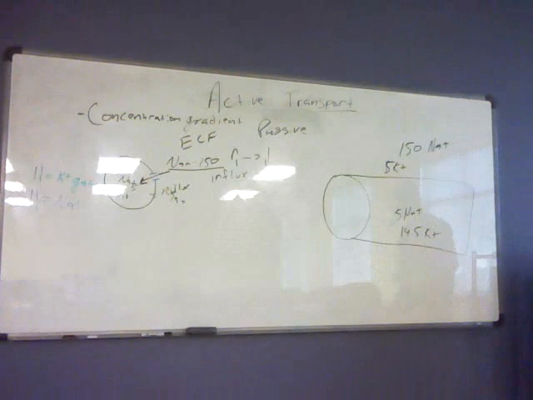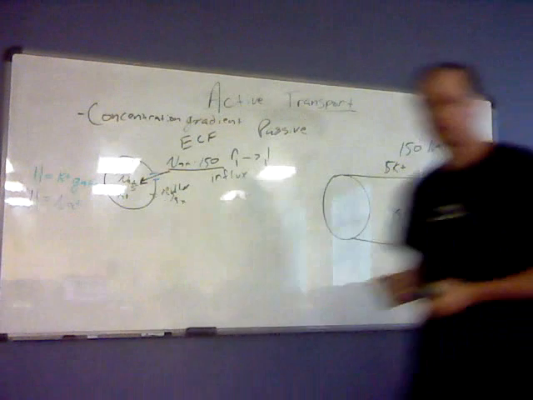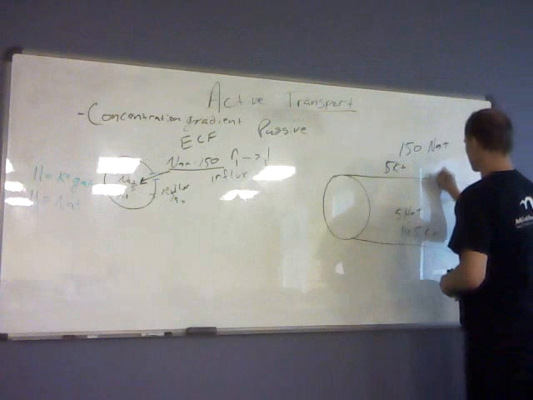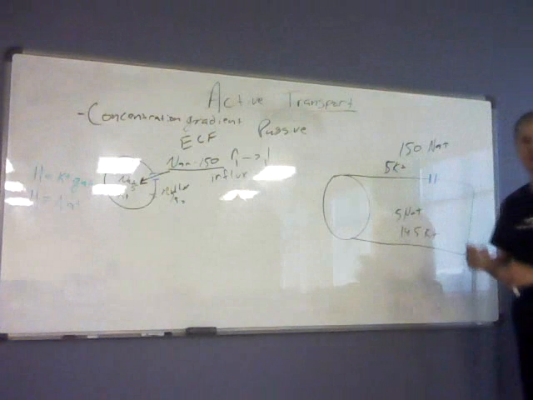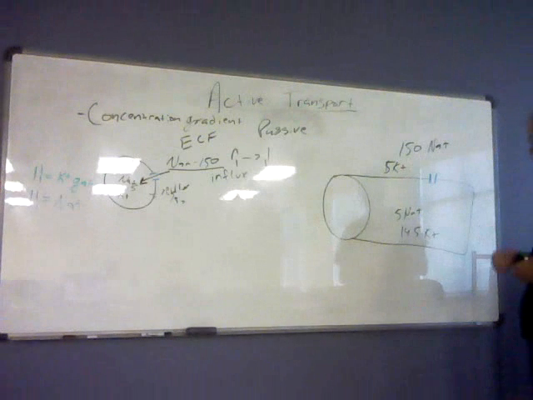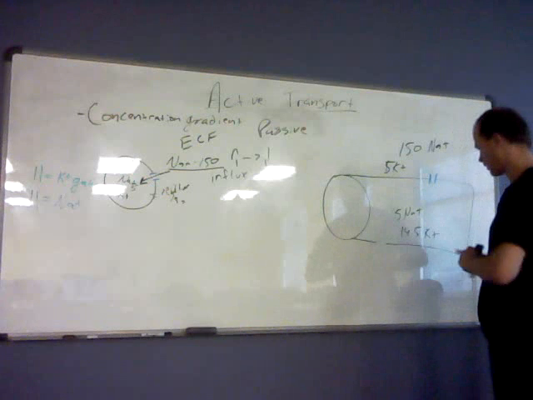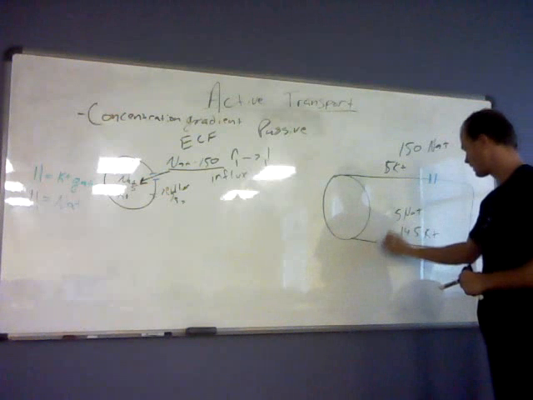And again, we'll keep with our color code here. For the sake of this discussion, blue represents the sodium-specific gates, and green is going to represent the potassium-specific gates.